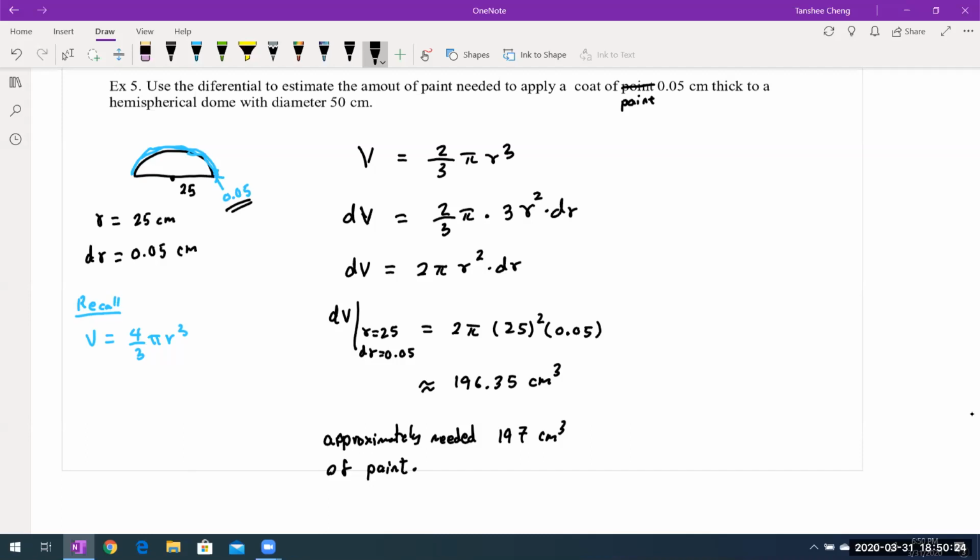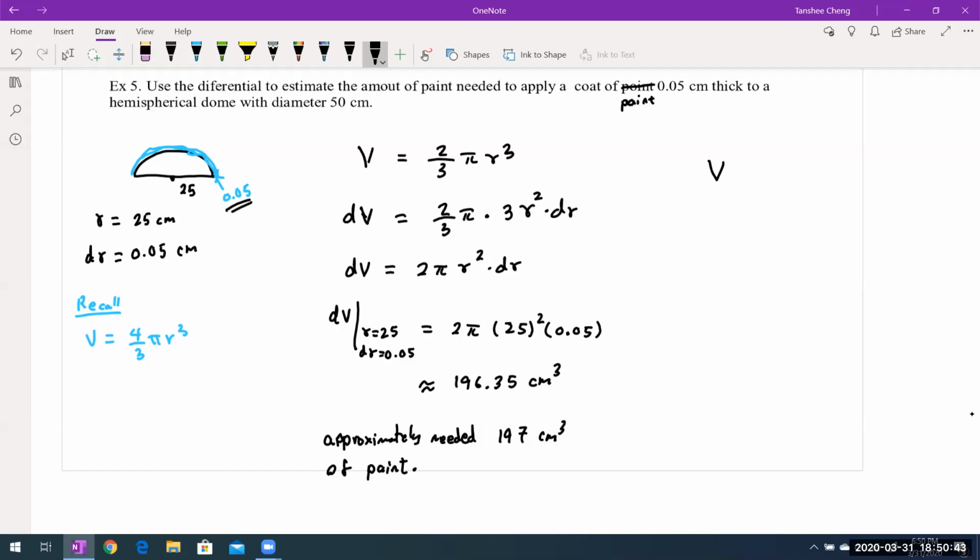Now, this approximation, is that right or not? We can easily find that out by looking at the actual value. So what is the actual value? We want to find out the volume of that little blue line that I drew.